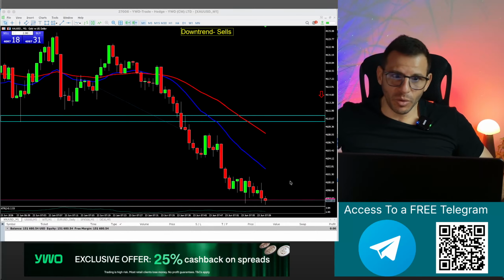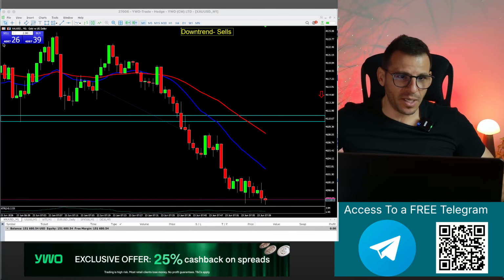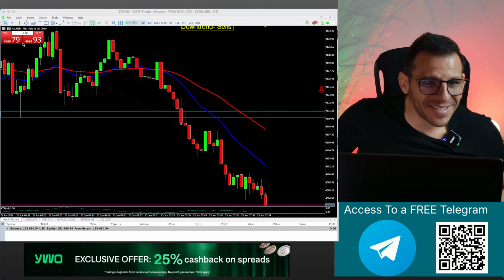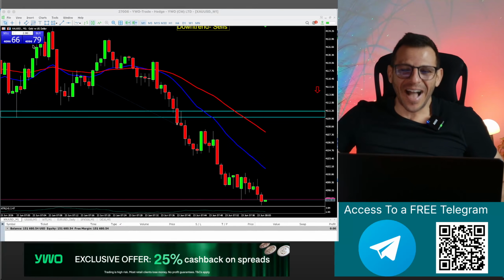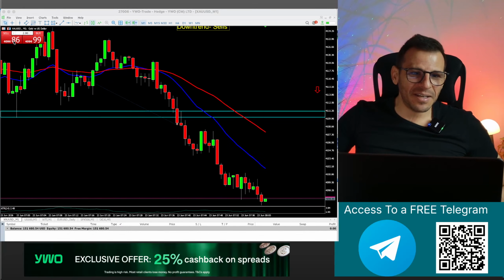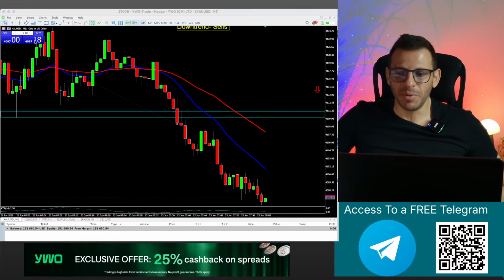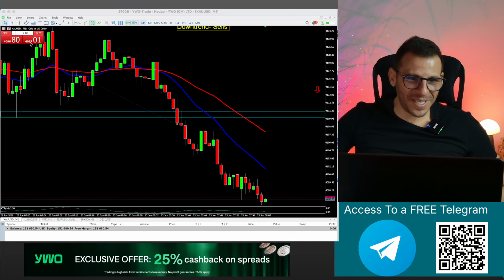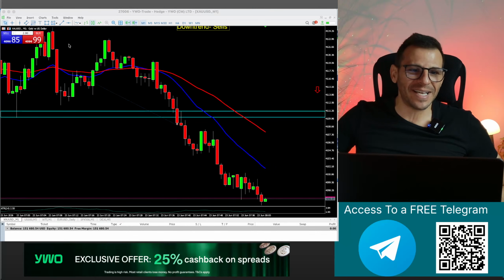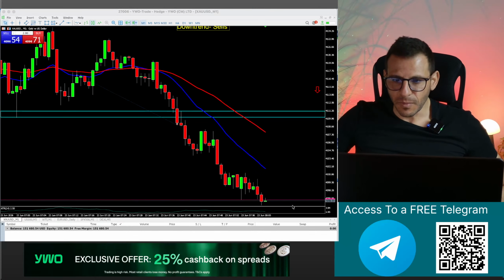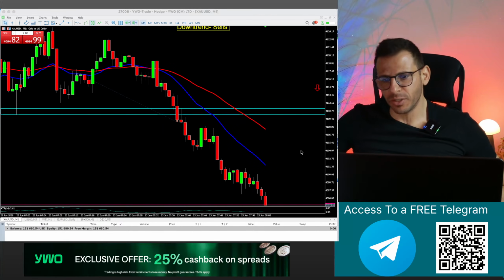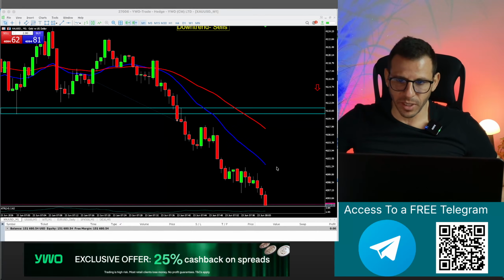If you find it hard to understand from the numbers, look at this one here, 96. Guys, this is less than half a pip on spread, not even 1 or 2. Pretty much the spread doesn't exist here. On high liquidity hours like this one in the New York session, the spread with YWO is a no-brainer.